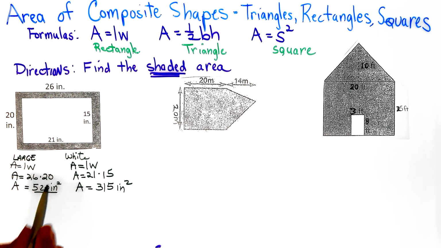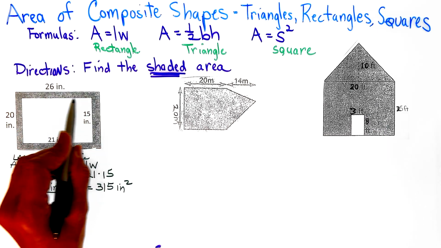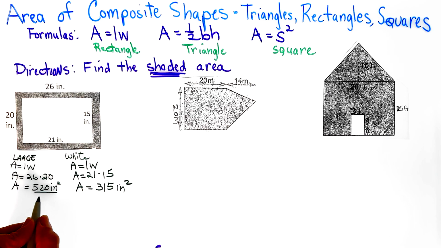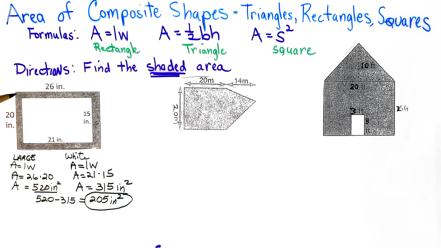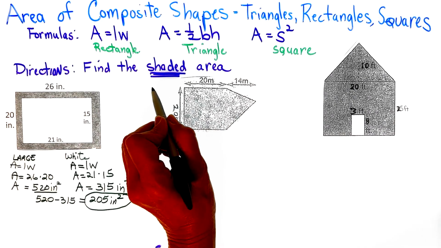Well, remember, I just want this tiny shaded part. So I'm going to take my 520 and subtract the 315 from it. And when I do that, I get 205 inches squared. So that is the area of the small shaded part, and that's our answer.